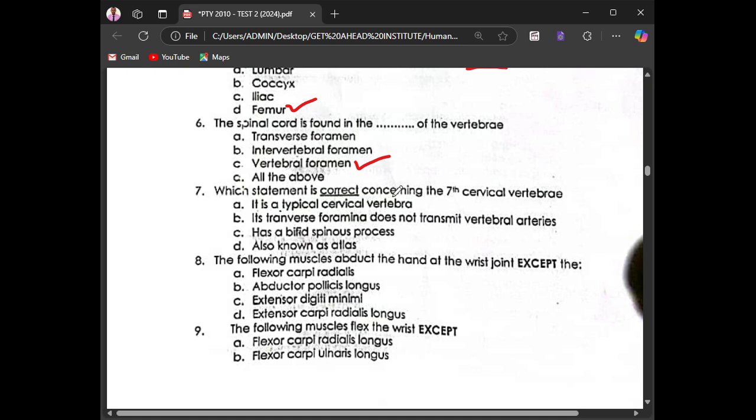So what we can say is that the vertebral foramen basically contains the spinal cord and its roots. It comprises of spinal meninges, venous plexus, etc. So you need to understand that the vertebral foramen of all the vertebrae form the spinal canal.